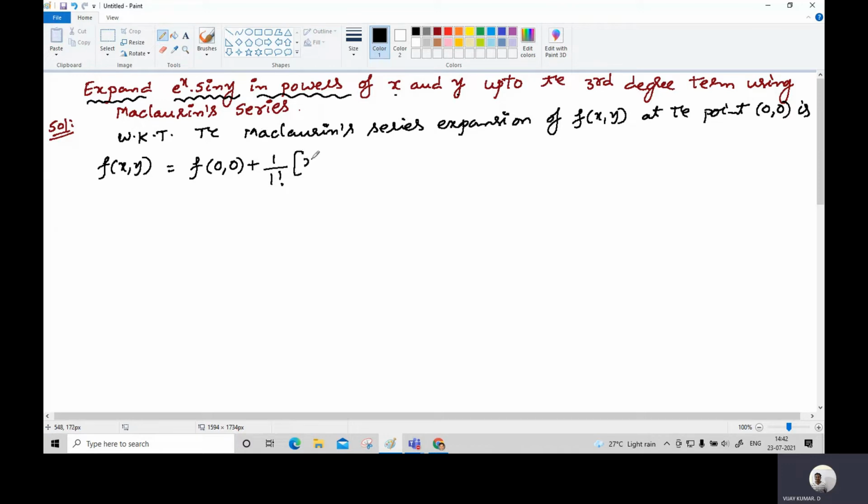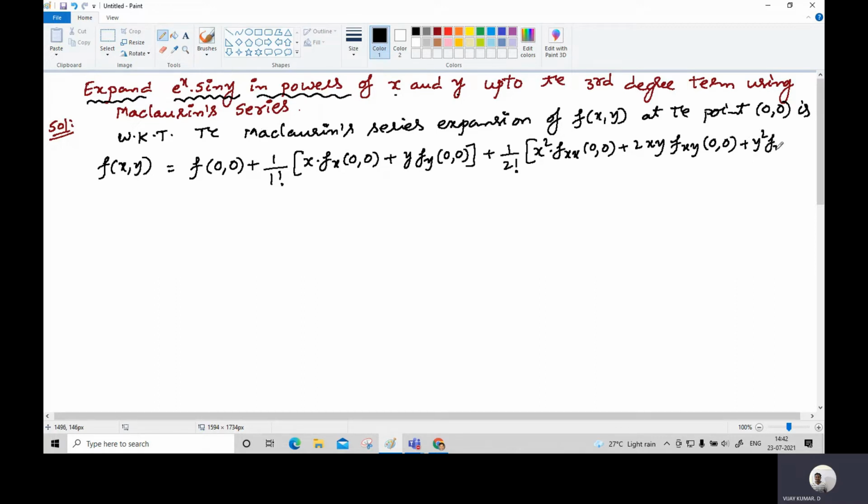1 by 1 factorial into x into fx at origin plus y into f suffix y at origin, plus 1 by 2 factorial into x square into f double x at origin, second order partial derivative at origin, plus 2xy f suffix xy at origin plus y square into f double y at origin, close the bracket.